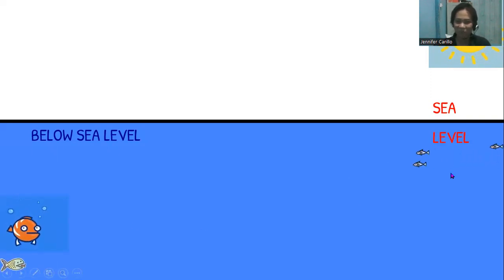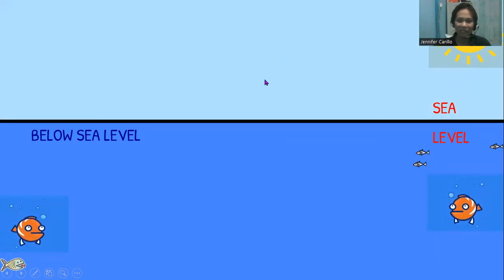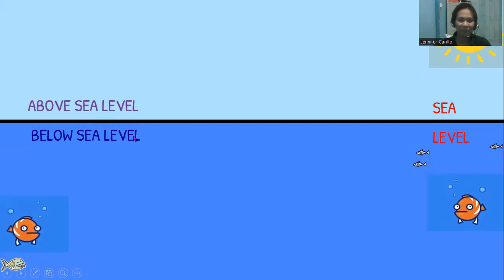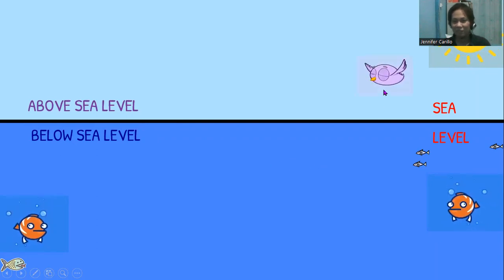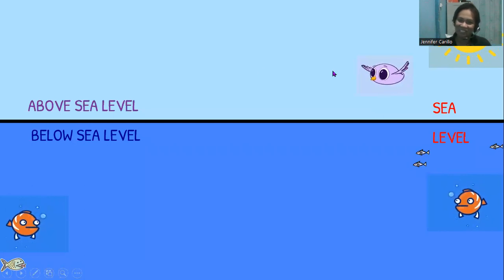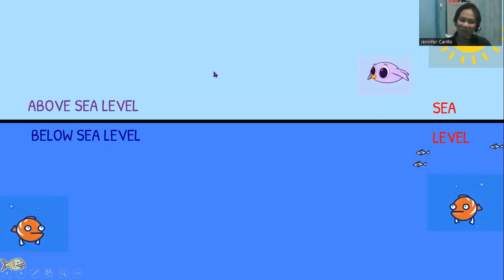And let's add some fishes. Then above this black line, we can color it sky blue to represent the sky and label this as above sea level. Then let's add a bird to signify that this is above sea level.